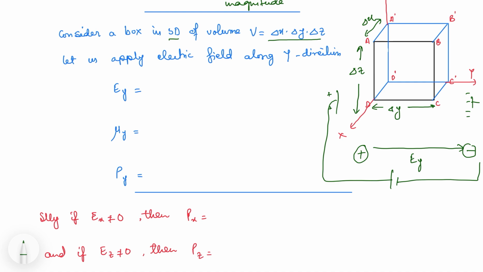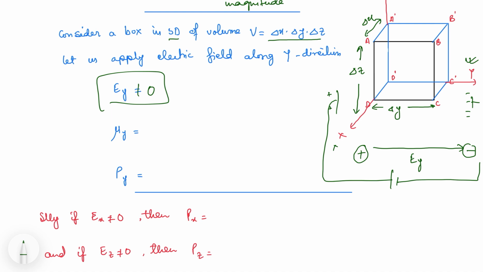Now what will happen inside the dielectric? We are putting some value, Ey is not equal to 0, and we don't have any electric field along the x direction, only along the y direction. Since we are applying an electric field to this dielectric box, and dielectrics are bad conductors of electricity, electrons cannot be easily knocked out of the atoms.